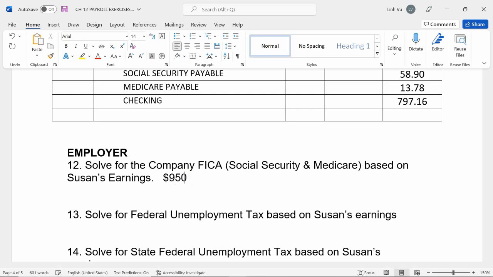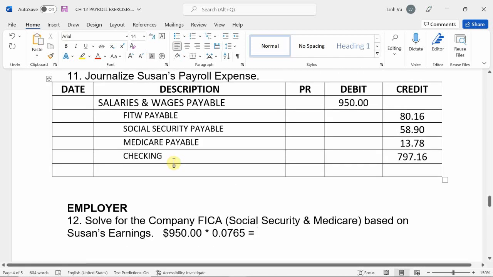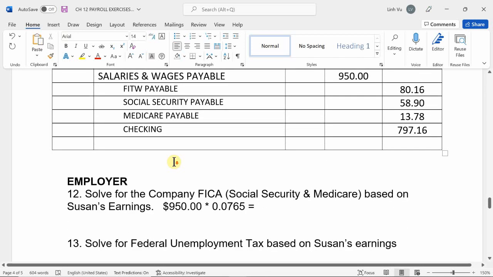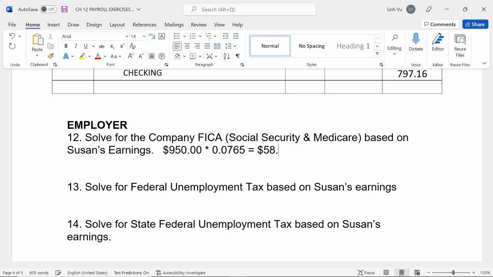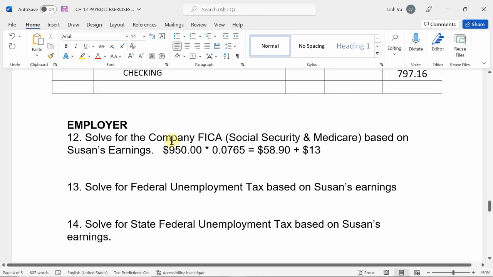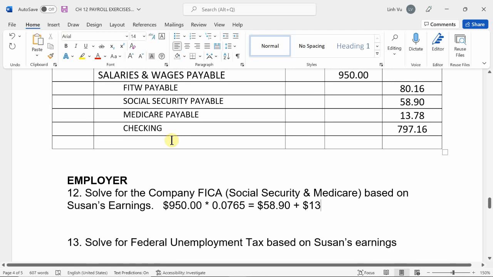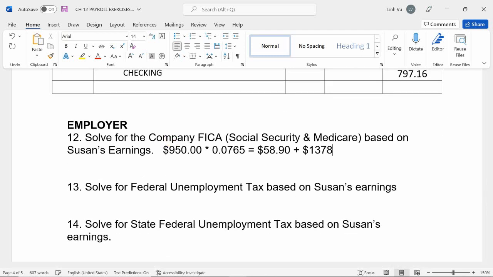We know that she earned $950, and Social Security is $58.90 plus Medicare of $13.78. So what is the grand total of the company FICA? $72.68.